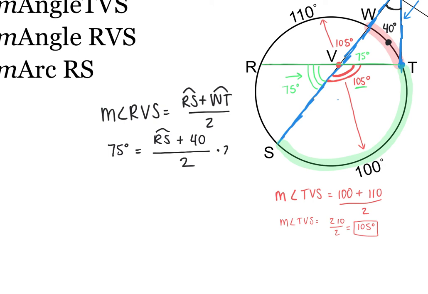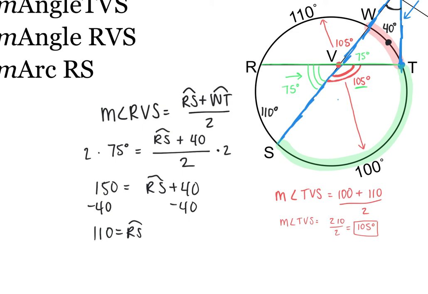Angle RVS is 75, so 75 equals RS plus 40 all over 2. Multiply both sides by 2. 150 equals RS plus 40. Subtract 40 from both sides. We get 110 equals RS. Another way you could have figured it out: I know all parts of the circle except for RS.